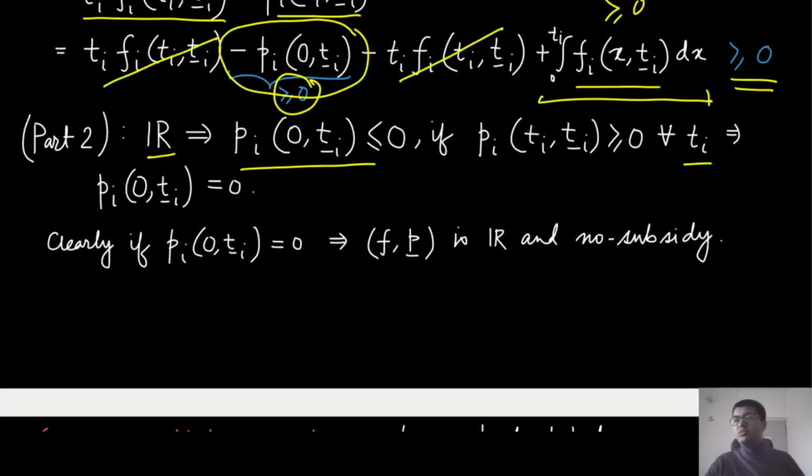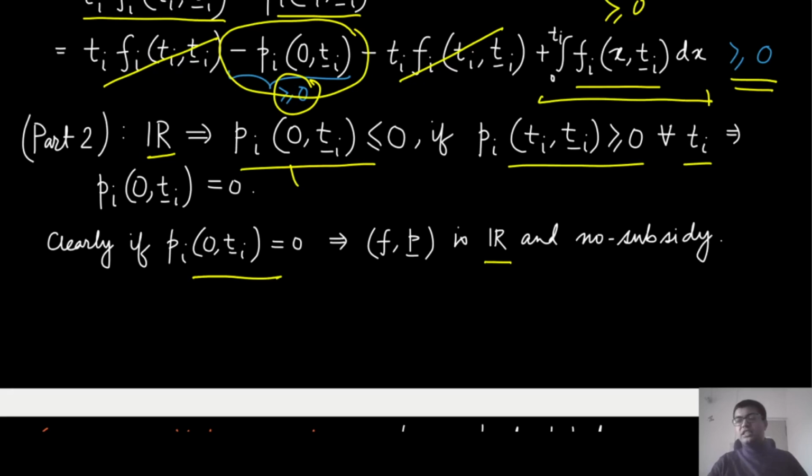We can put ti equal to 0, and therefore this is non-negative for that ti, which is 0. So together pi 0 ti is both non-positive and non-negative, therefore it must be equal to 0.